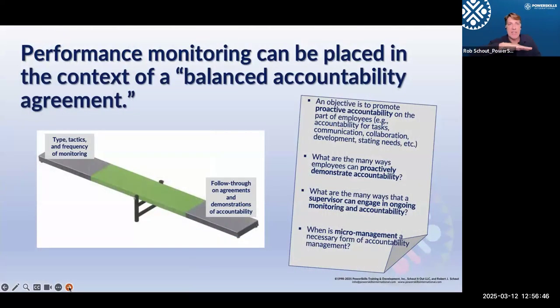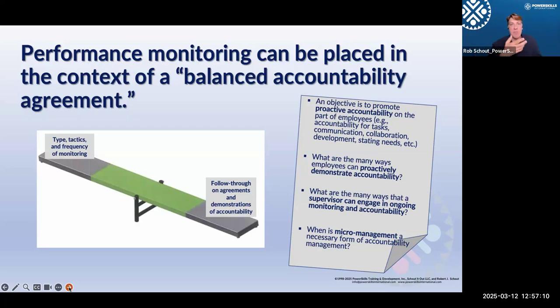Everything is in balance. So make sure that when you are monitoring and holding people accountable and coming up with agreements, you're balancing the type of ways and strategies and practices. Maybe you are doing some things, maybe the employees are doing other types of tactics or methods of self-accountability. Maybe a team is doing it.